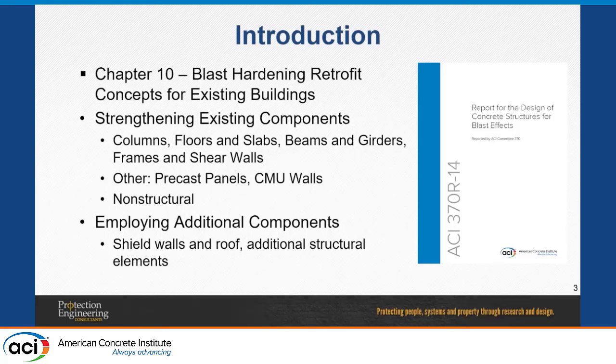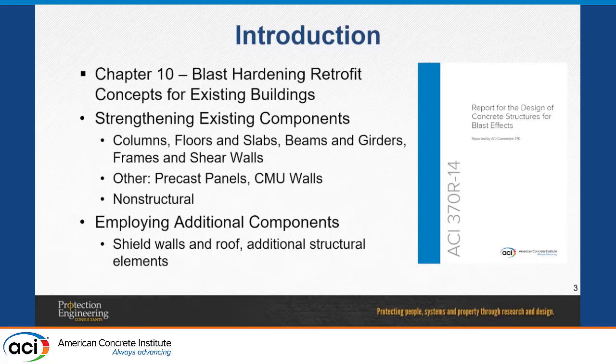Now, as I said, I am part of the committee, the subtask group working on the ACI 370 report, and I was working on chapter 10, which is the update of the chapter for retrofits. The updates on that chapter were relatively minor. It actually was a very well-written chapter, so just some minor revisions.